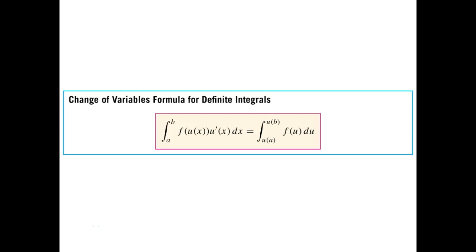Because guess what? In a definite integral, you just evaluate. So, why don't you evaluate as you go? And then you never have to do those. That was the pain in the neck, wasn't it? To get it back to x's again. You don't have to if you get it right in the first place. Okay? Let's try it. All right.